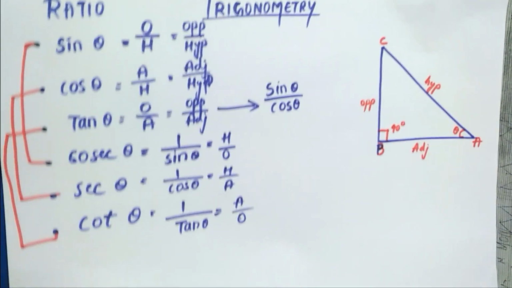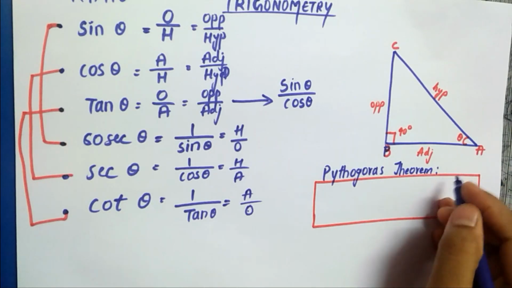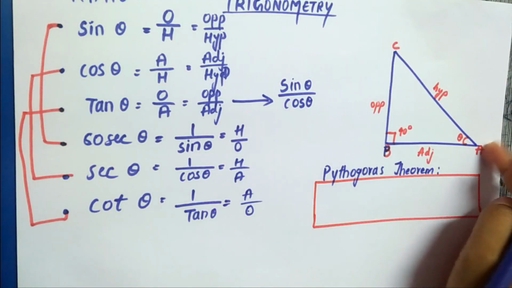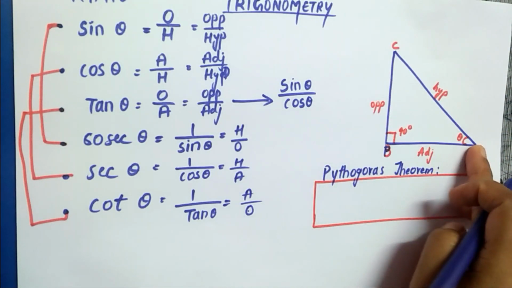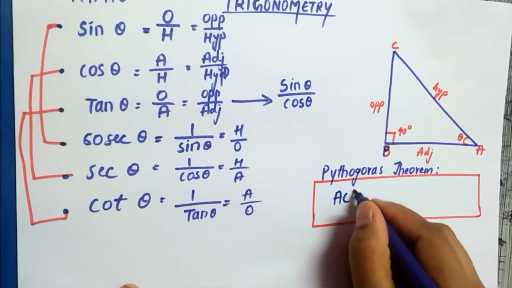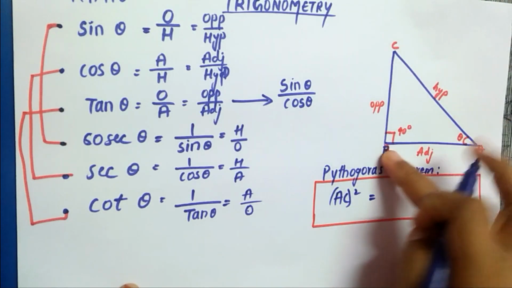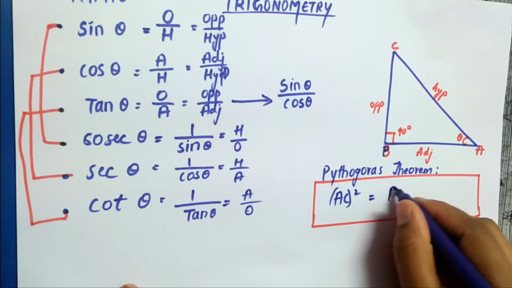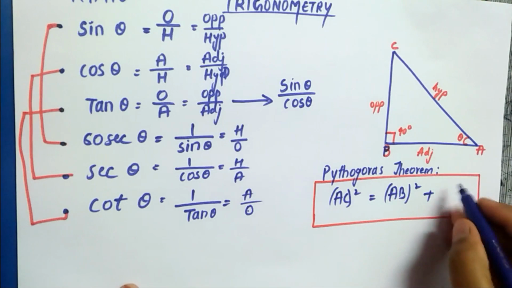Are you people clear with this? With these formulas, one more formula that is very useful in our whole trigonometry is the Pythagoras theorem. What does it say?